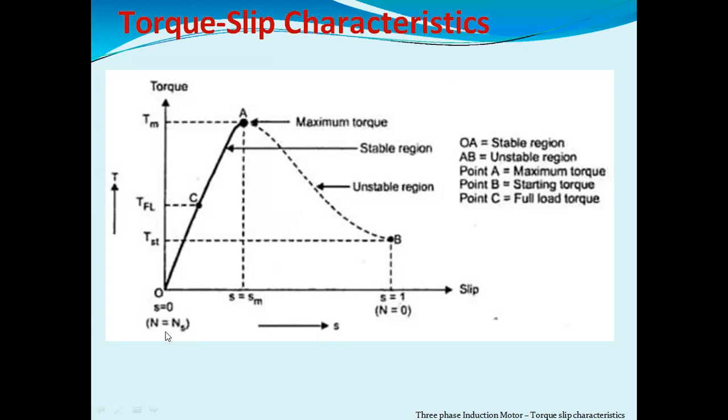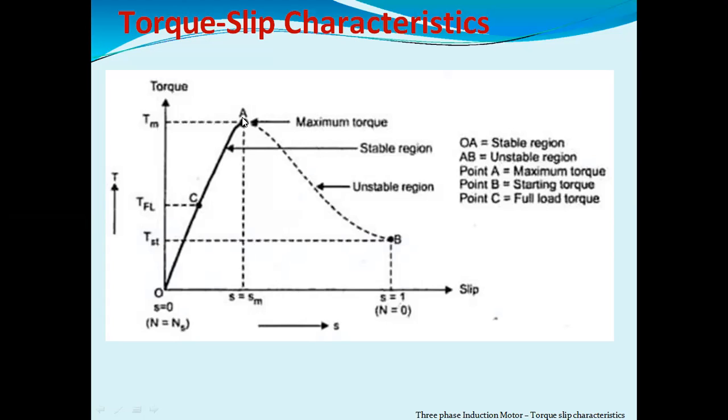So when we are talking about the torque slip characteristics, at start, at point B, you will get the value of the starting torque. So we can say that torque as TST. It is nothing but the starting torque. And at point C, we are saying that torque as the full load torque.